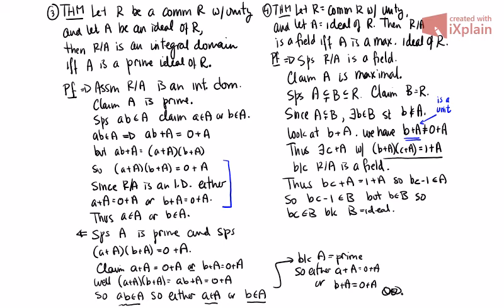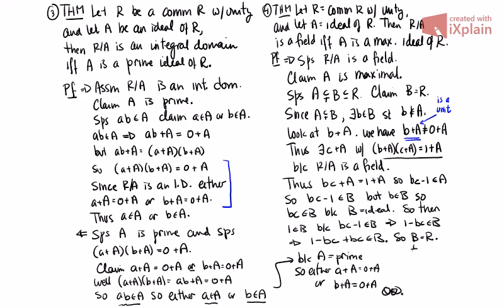So then, bc minus 1 is in B implies its additive inverse 1 minus bc is in B, and therefore 1 minus bc plus bc is in B. And therefore 1 is in B. And since 1 is in B, B is everything.